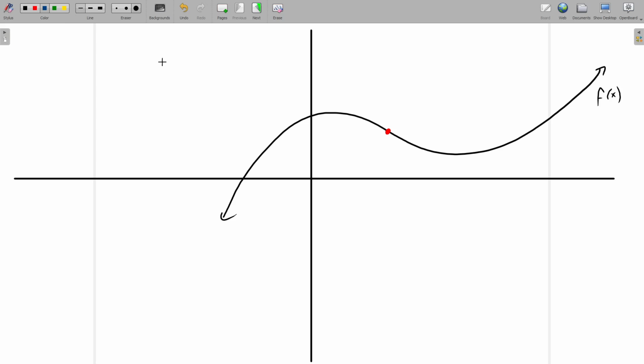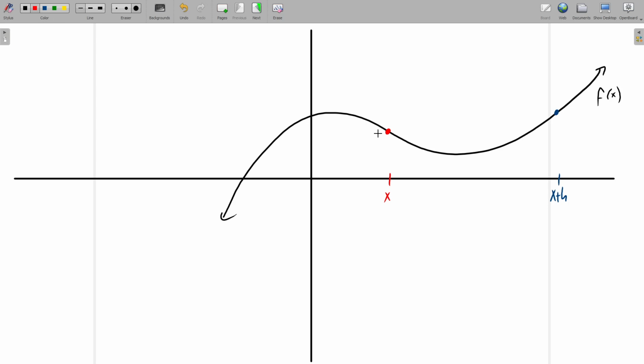So what we're going to do is pick another point, any point on the line. The point that we're looking for the tangent line of we'll call x, and then this other arbitrary point that we pick we can call x plus h. Some textbooks will describe this as x plus delta x, where the h and delta x just represent the distance between the x arbitrary point and the second arbitrary point that we've picked.